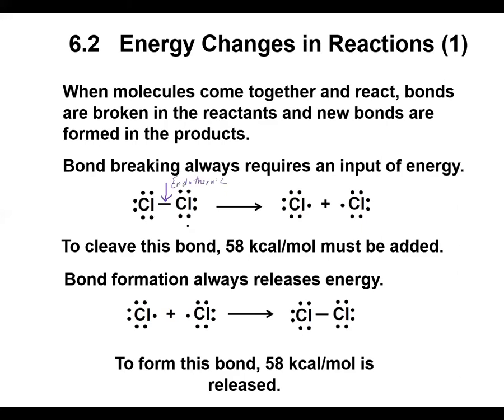And that means that heat and energy, basically, our energy has to be put in. When it's put in, this guy over here gains a lot of energy. This guy on this side also gains a lot of energy. And when they do that, they basically have enough energy to break apart from each other into their individual components.